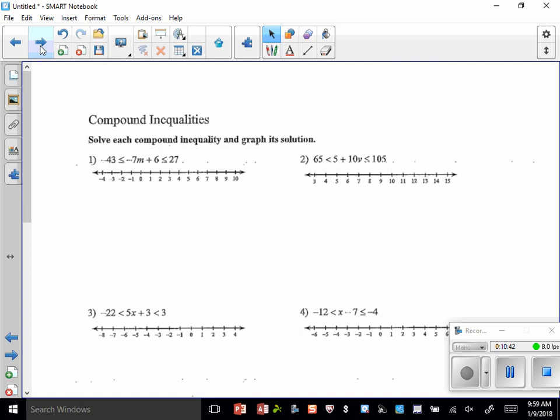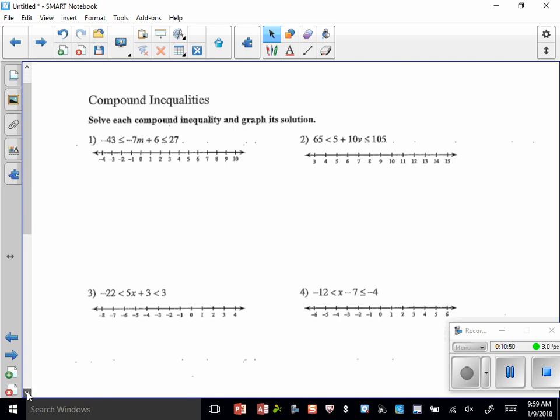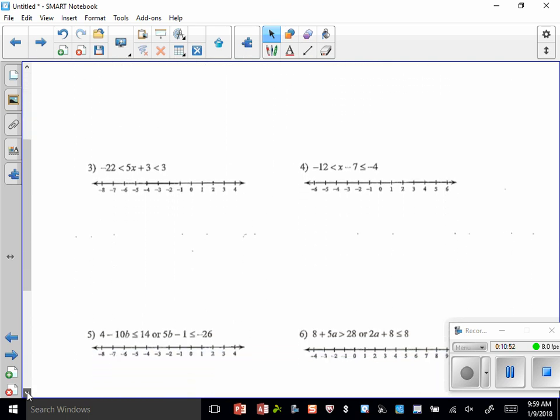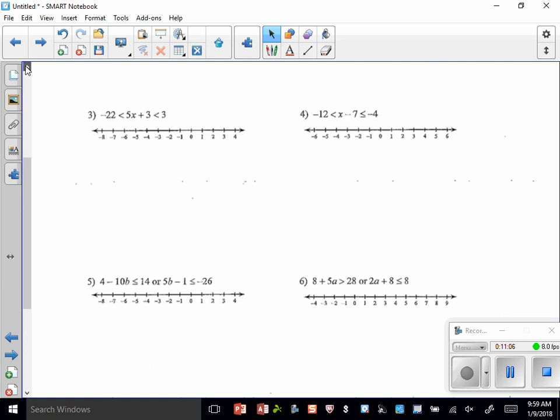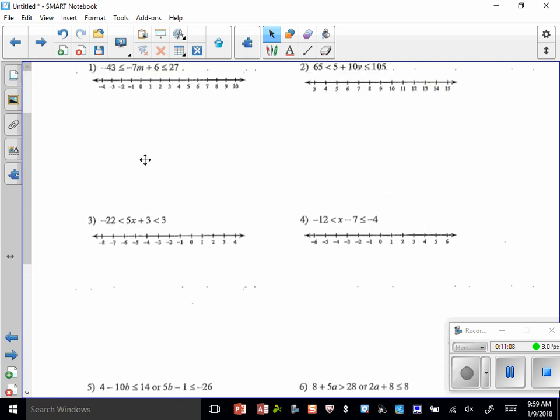I'm going to do another and statement. Now, you might say, how do you know when there's an and and when there's an or? You will always see the word or. Starting with question number 5, see how you actually see the word or. For and statements, you will not see the word or, and you may not see the word and, just like questions 1 through 4.